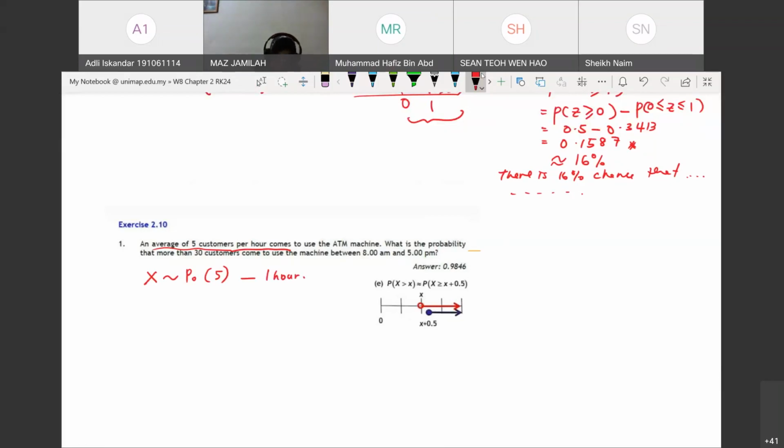Okay. Now, what is the probability of more than 30 customers from 8 to 5? So from 8 to 5, if you count, how many hours will it involve, class? How many hours from 8 to 5?